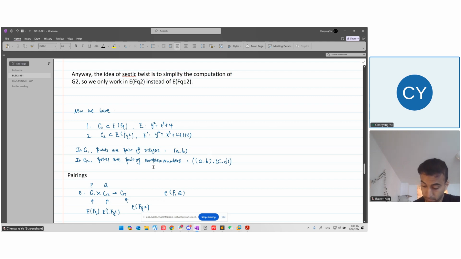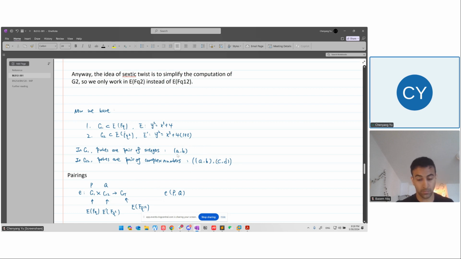For G2, it is more complicated. Why? Because you can see we introduce i here. Therefore, the coordinates become complex numbers. Remember that each complex number has a real part and an imaginary part. So to represent G2, we have to use 4 coordinates.